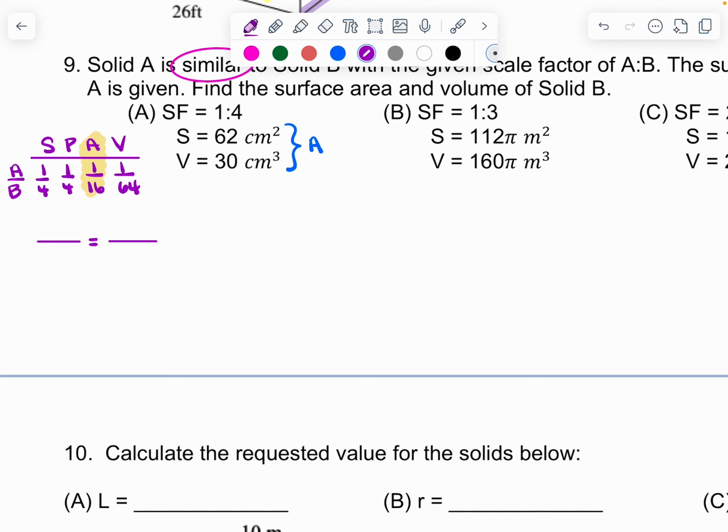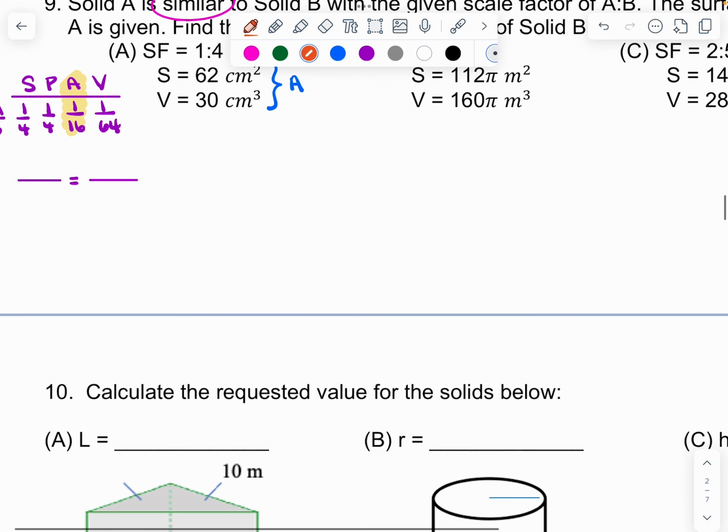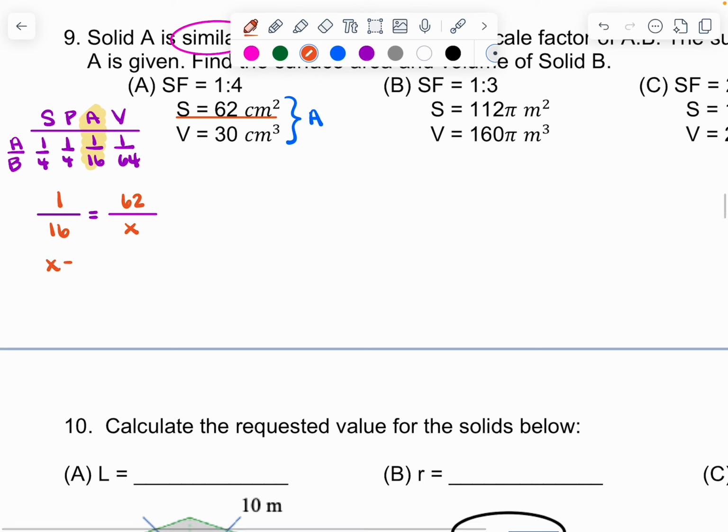So for my first proportion, I'm gonna do surface area, which means I need to be using the 1/16 formula. I know that's gonna be 1/16, and then I'm gonna use that A is 62, so that's going to go on the top, and then I'm looking for B.